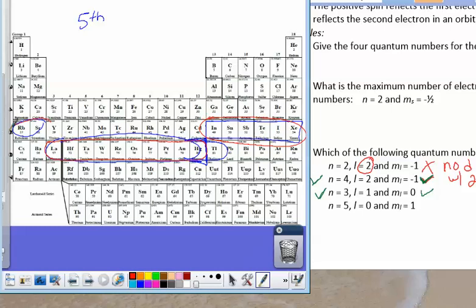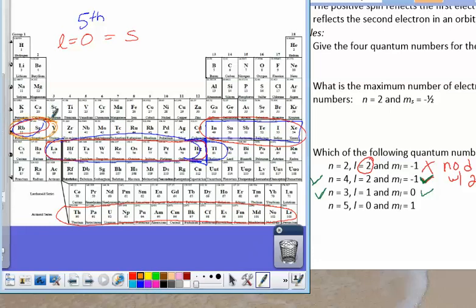So let's use the red. And then the last one is the F way down here. For the 5th energy level, L is equal to 0, which indicates it's S. So we're going to focus right here.